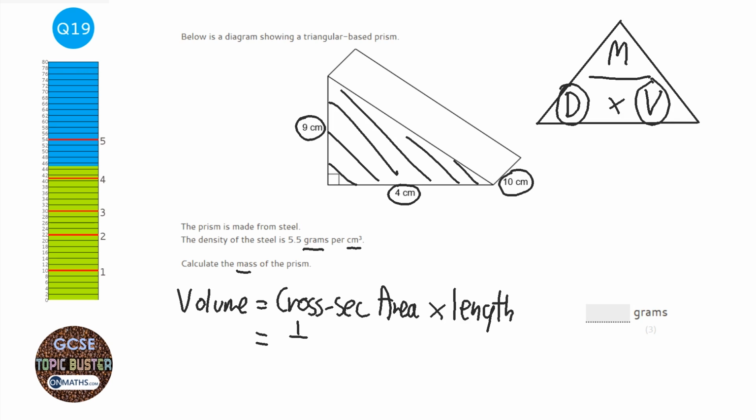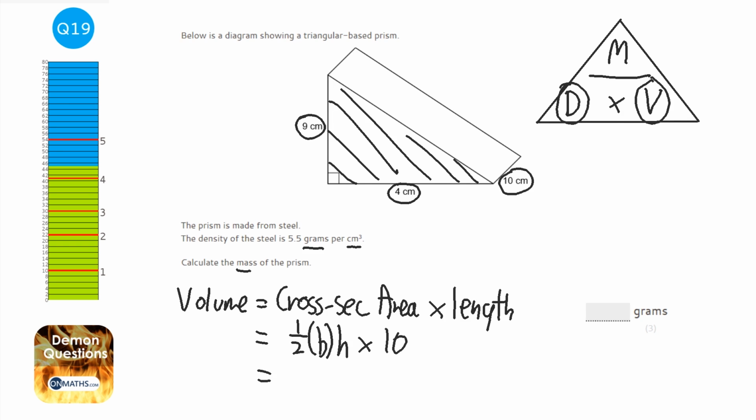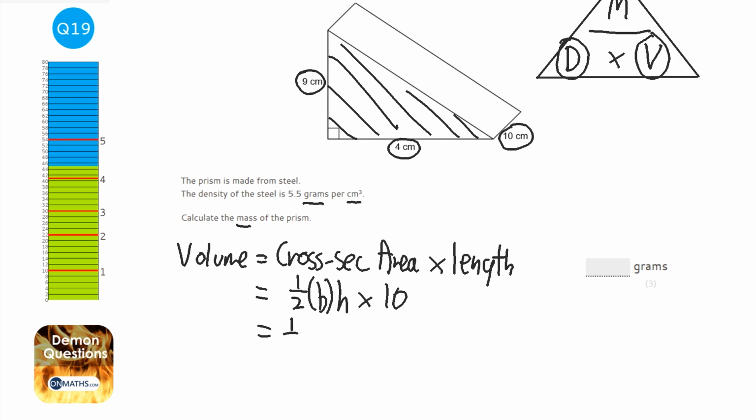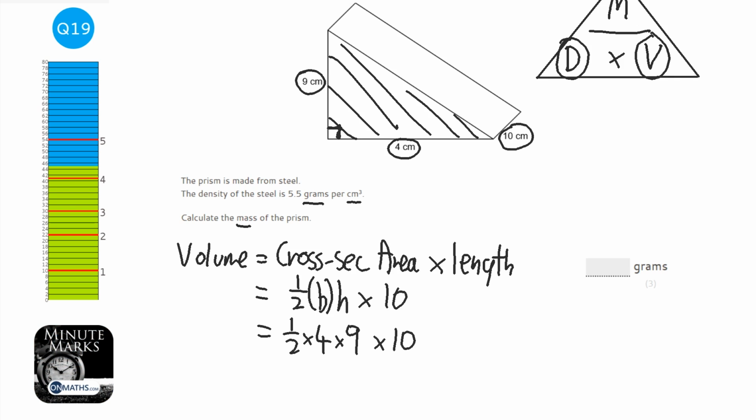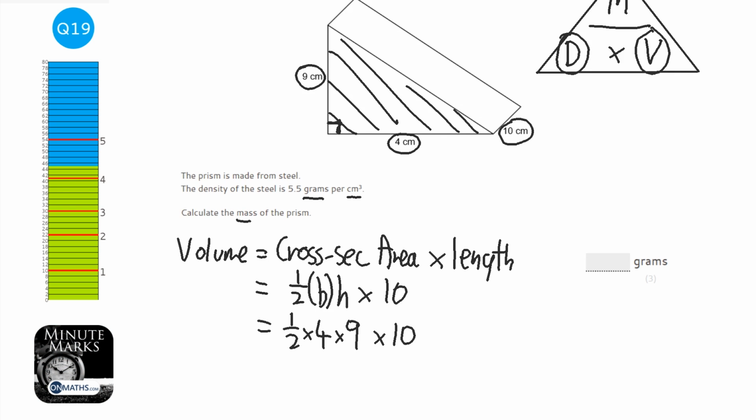So it's half times base times height, and then we're going to times it by the length, which is 10. So it's half times 4 times the height, which is 9, times 10. The reason I know the height is 9 is that it hits the base at right angles, and that's really important. The base and the height must be at right angles. And don't forget to halve it.